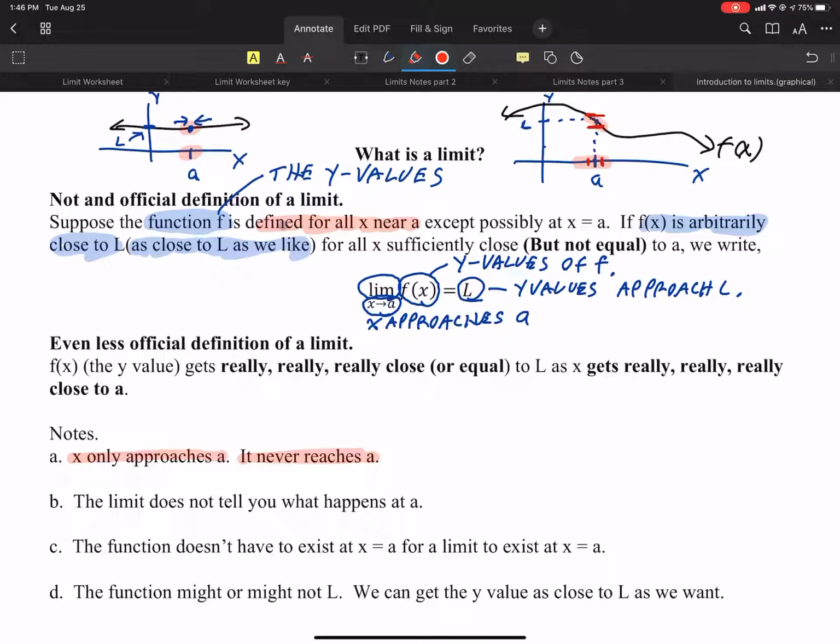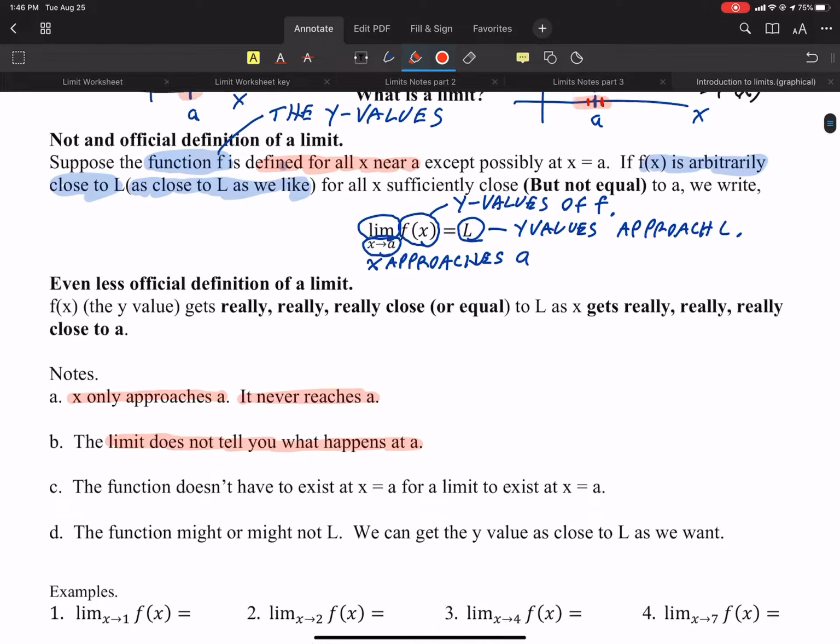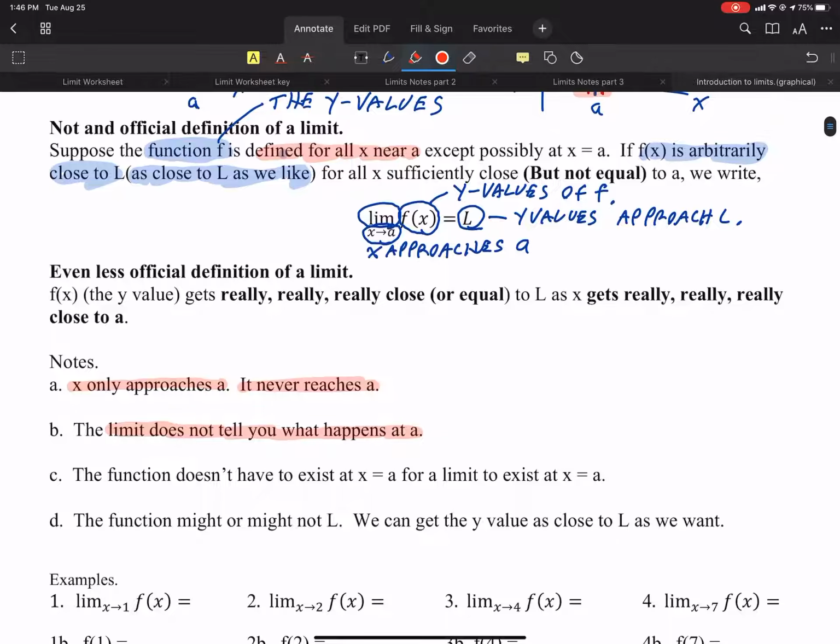If you think it reaches there, it will confuse you to no end. X never gets to A. And since x never gets to A, the limit does not tell you what happens at A. And what happens at A doesn't necessarily tell you what the limit is. And we'll see some examples of that.